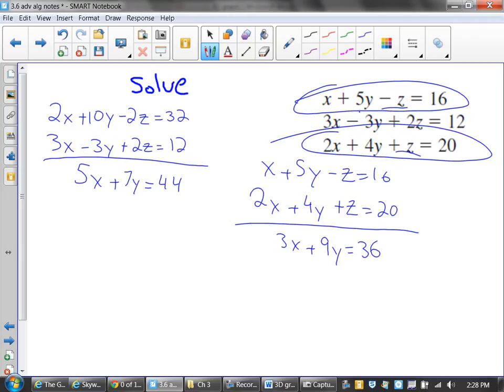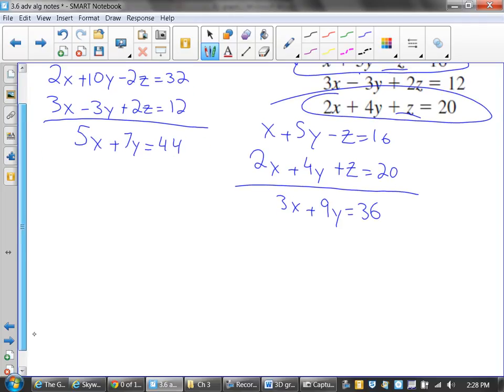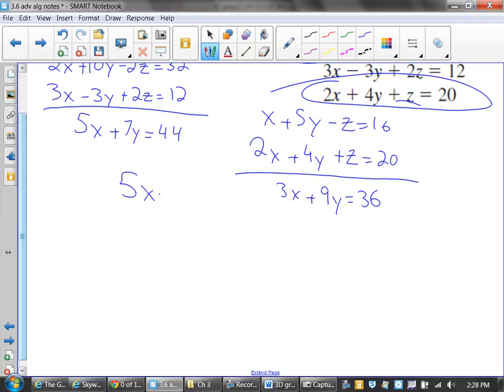Alright, so now we take the answer from the one up there, the 3x plus 9y. Do we subtract them or add them? How do you want to get rid of x and y? You can do some sort of linear combination.